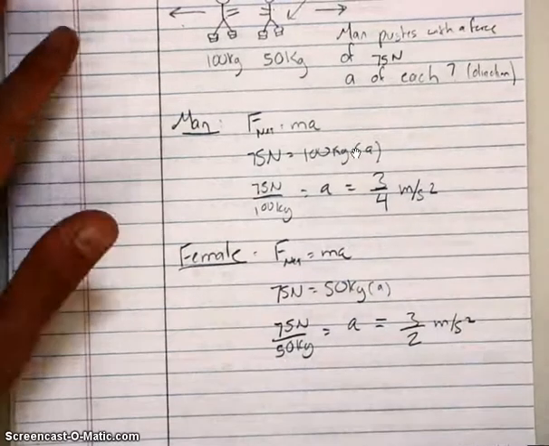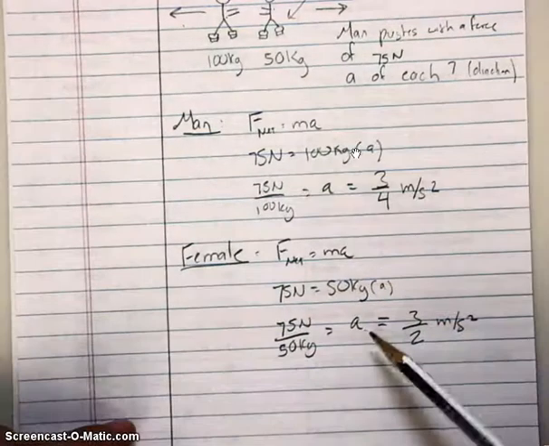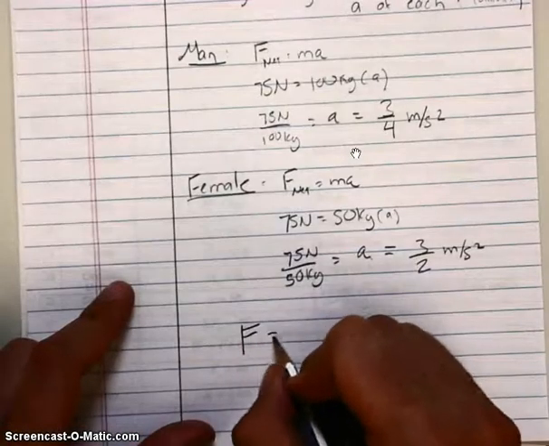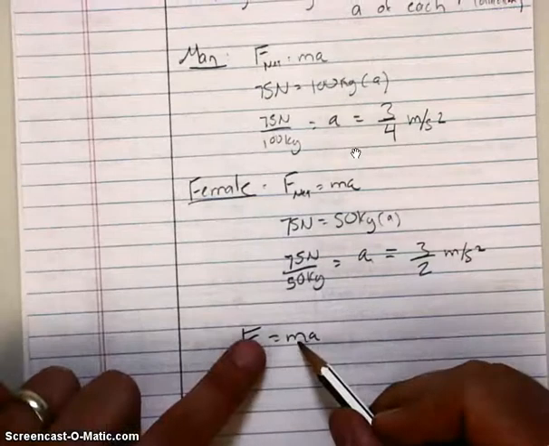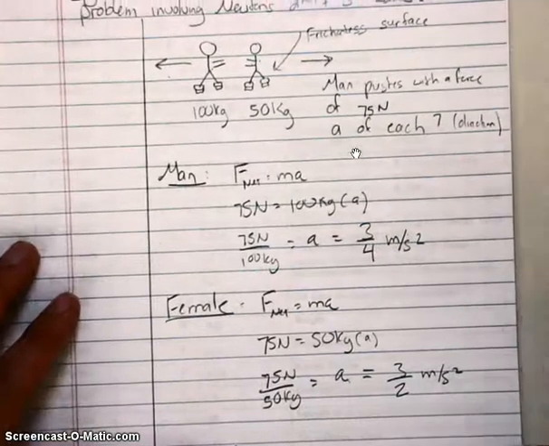So you can see here that the woman, because she has a smaller mass, is going to be accelerating faster than the man. Remember, we said before, we have F equals ma. If you have a larger mass, you're going to have a slower acceleration, and if you have a smaller mass, you're going to have a higher acceleration. So this really is the basic problem.